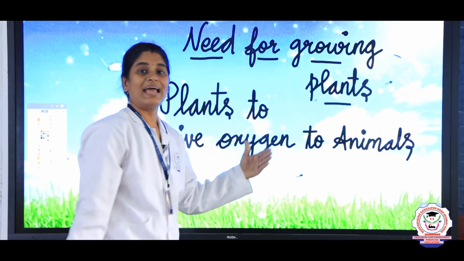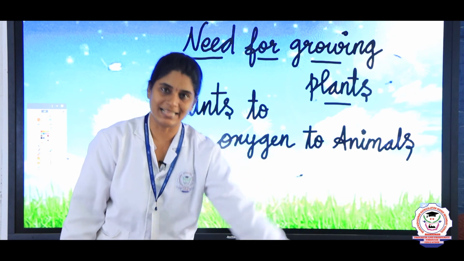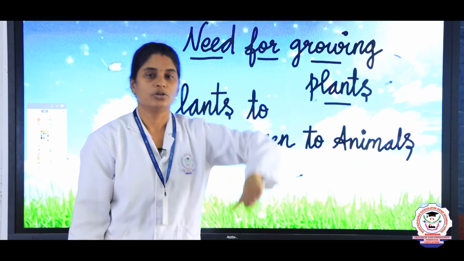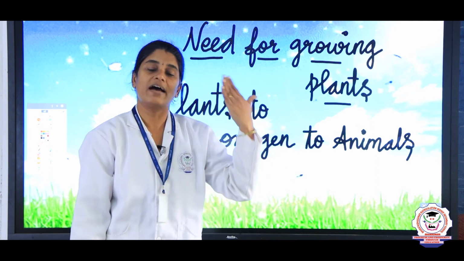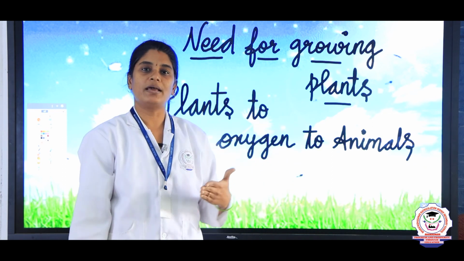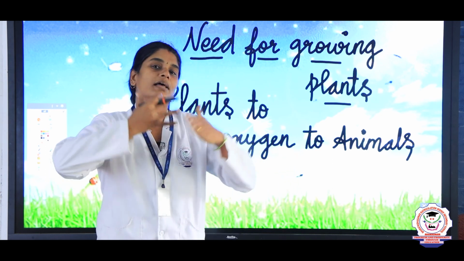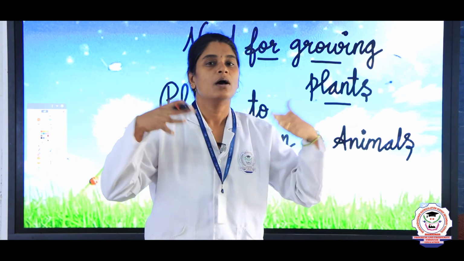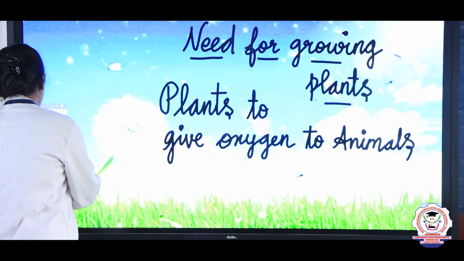Only plants can change the carbon dioxide that is present in the air into oxygen. So, that is why we have to plant more trees, right. We have to plant more plants, so that the oxygen level in the air increases, and all the animals and human beings get a high amount of oxygen so that they can survive in the world, right.